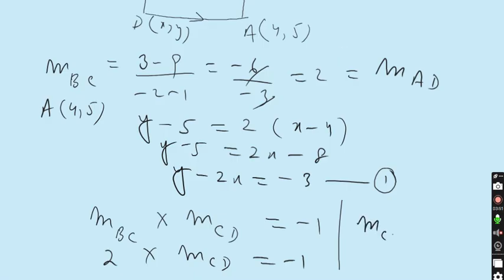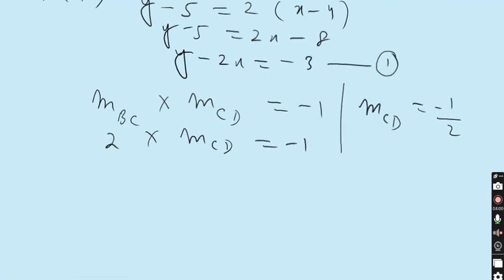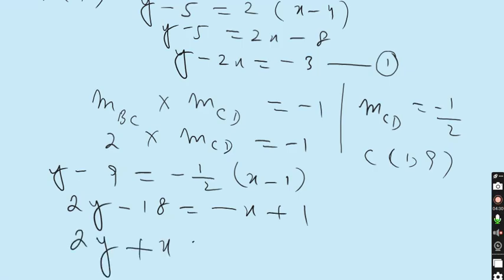Hence the gradient of CD is equal to negative 1 upon 2. What is the coordinate of C? 1 comma 9. Okay. So with coordinates C (1, 9), we can find the equation of the line CD. So y minus y1, that is y minus 9, is equal to gradient times (x minus x1). So 2 multiplied by y is 2y, 2 nines are 18, minus x plus 1. So 2y plus x is equal to 19. This is equation number 2.